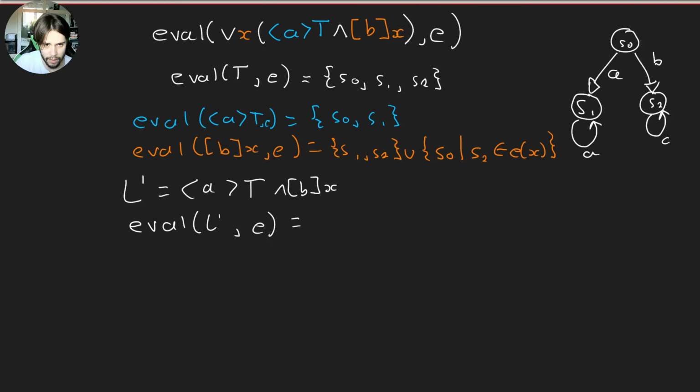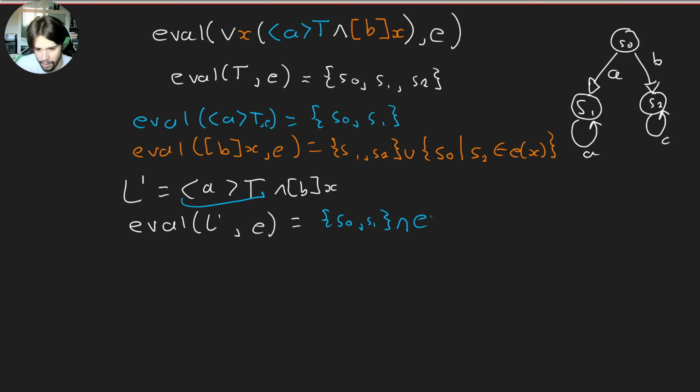We must evaluate, first of all, this first bit, A true, and that's done in blue. And we already have that. We've done it over here. Right, so S0, S1.